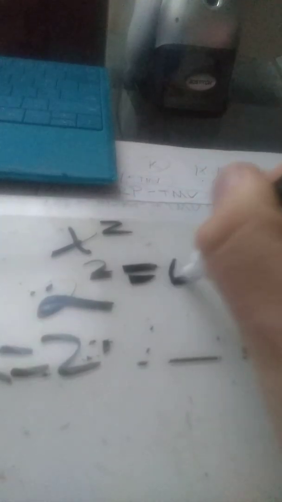If you plugged in 2 for x, where x equals 2, 2 to the power of 2 is 4. But if we plug in 2 for x, and we're multiplying that by 0.5, well, half of 2 is 1.